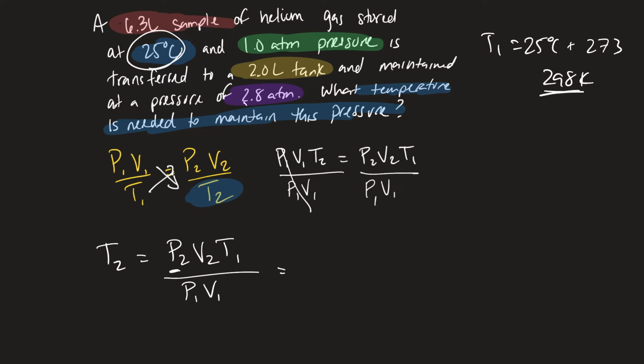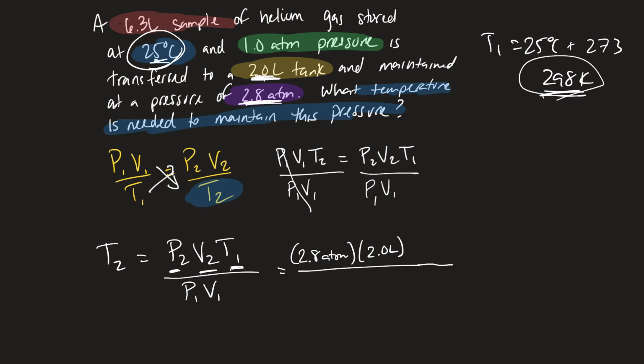So P2 is 2.8, so 2.8 atm. V2, volume 2, it goes into a 2 liter tank, 2.0 liter. All right. T1, the original temperature, which is 298 Kelvin. All right.